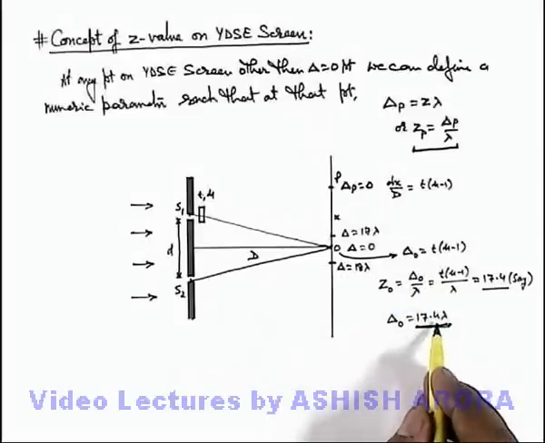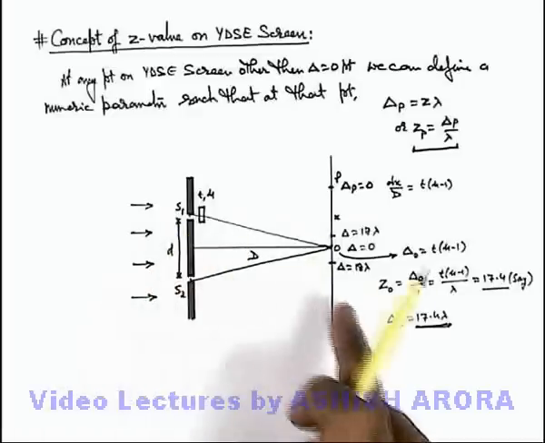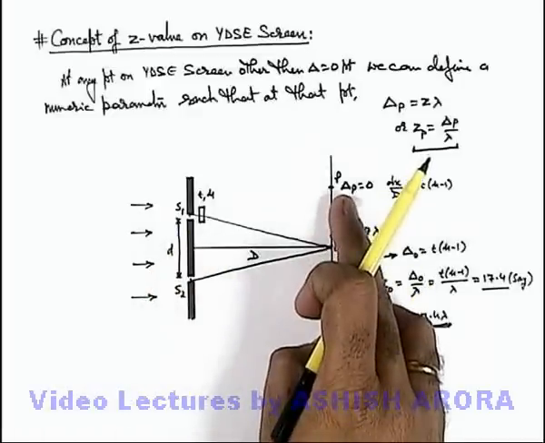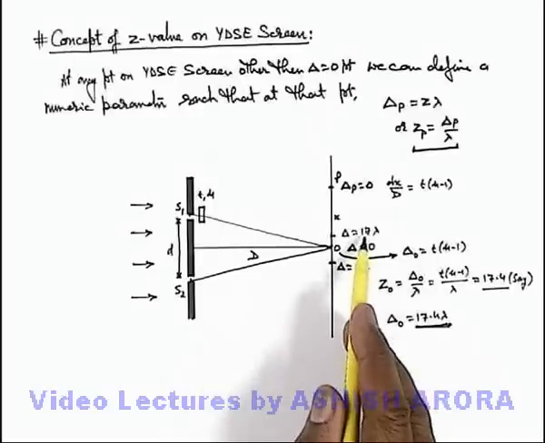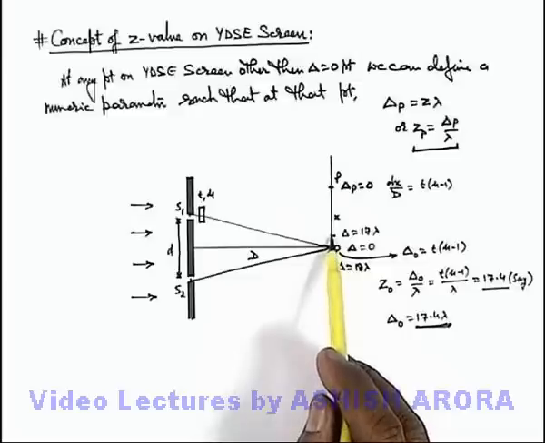So we can directly see that on introducing this thin film, the whole fringe pattern will shift upward in such a way that the 17th bright fringe from the central maxima is now above the screen center.